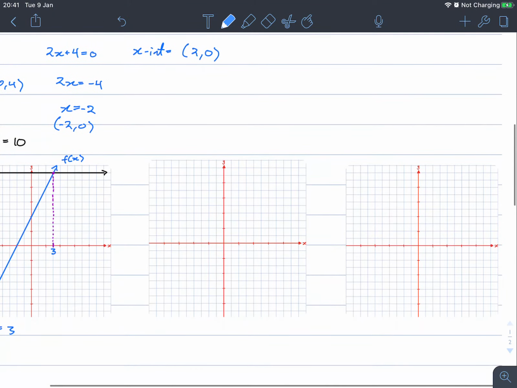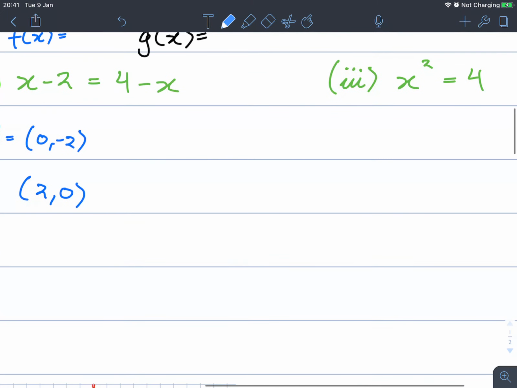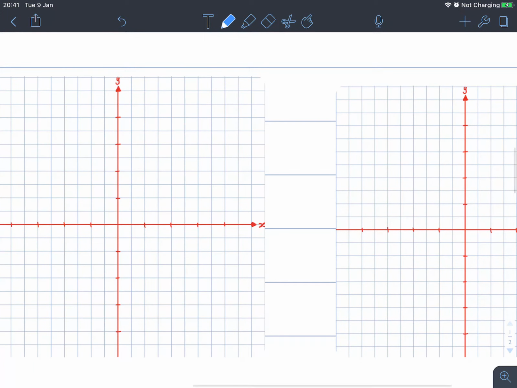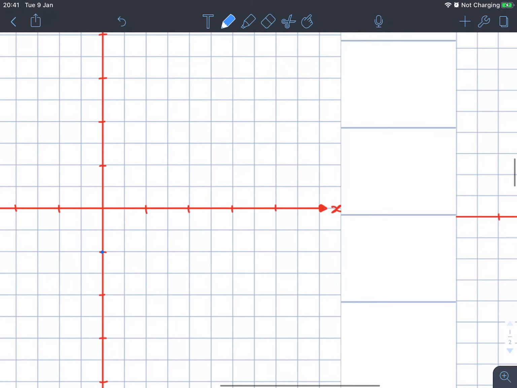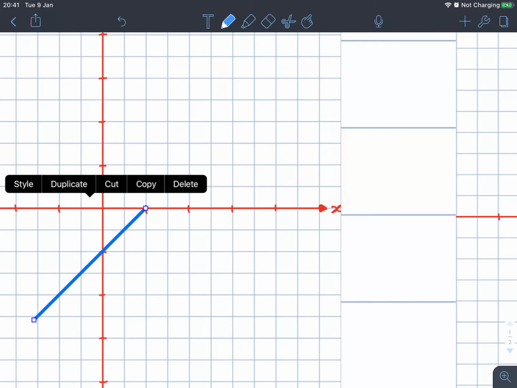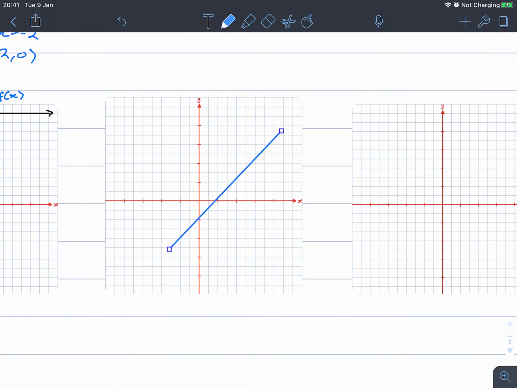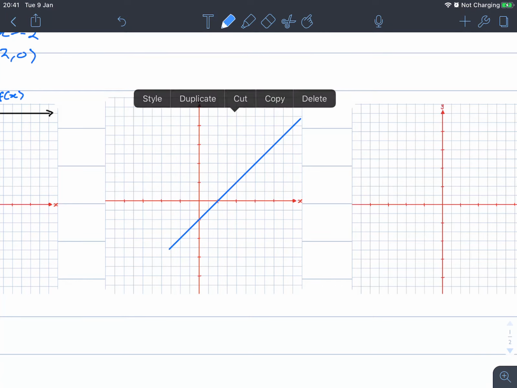Let's graph these points. (0, -2) is here, and (2, 0) is approximately here. That's my function f of x.